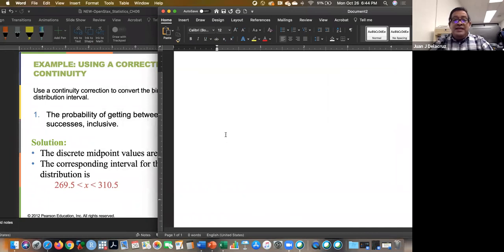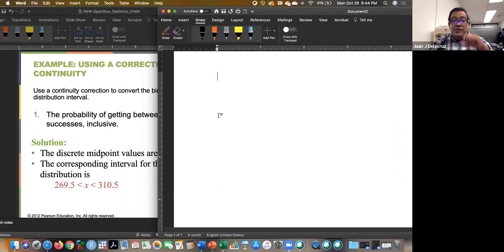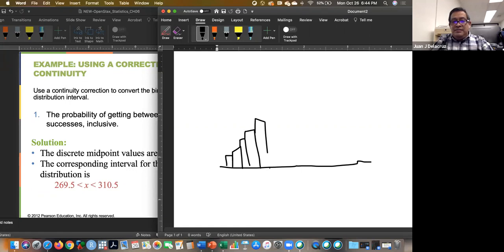So what we have here is the following. I don't know the mean, so I'm just going to draw this. Just imagine that we have our binomial distribution, something like this.